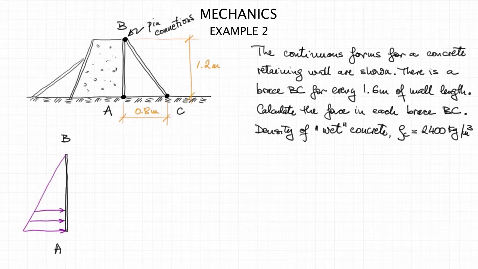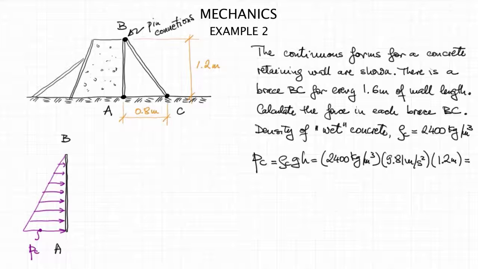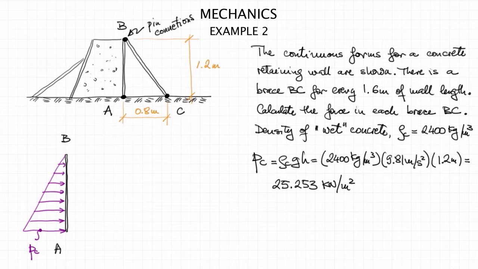So therefore, this is the form AB, which is acted upon by a linearly distributed pressure, which is 0 at the top of the fluid, at the top of the concrete at B, and has a pressure intensity small p_c at point A. Small p_c equals rho concrete, the density of the concrete, times g times h, which is 1.2 meters, and that equals 25.253 kilonewtons per meter squared.